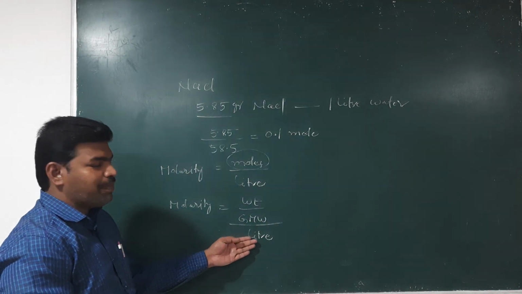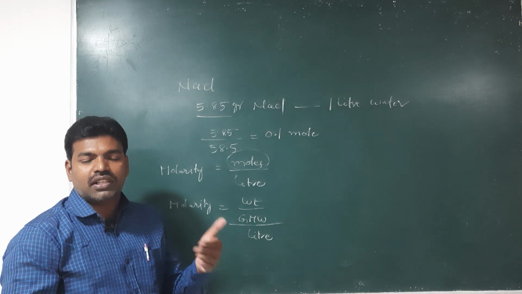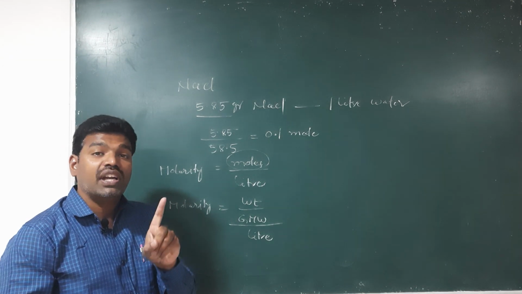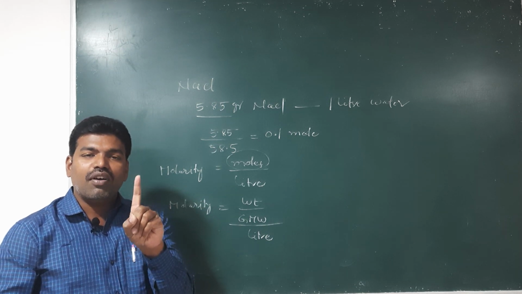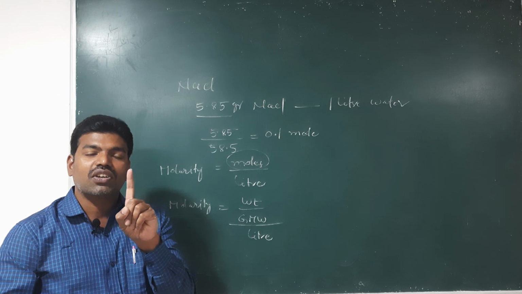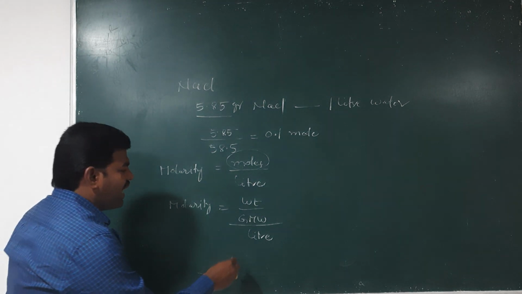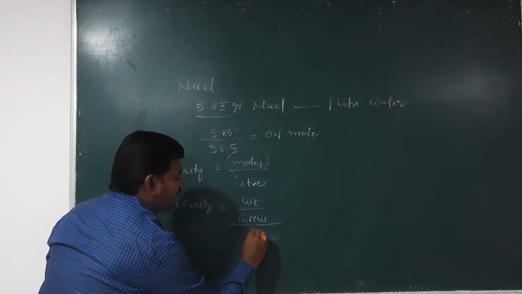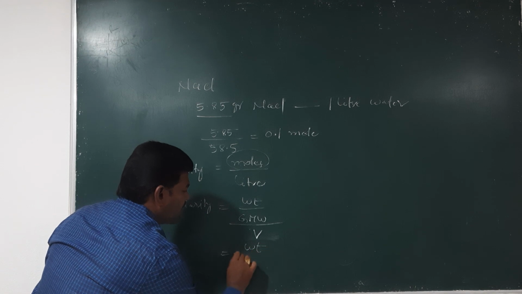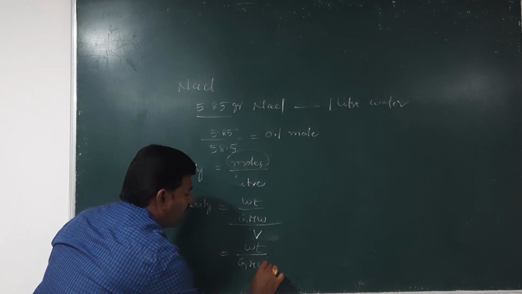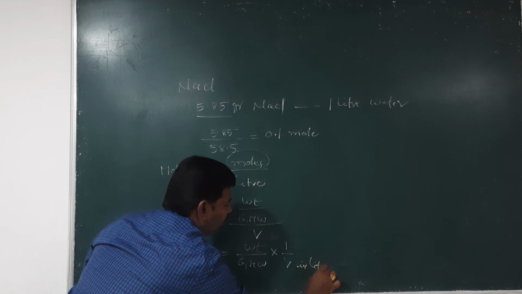Usually this liter is represented with V, that is 1 liter or 2 liters or 3 liters. As per definition, the number of moles of solute present in 1 liter of solution is called molarity. So instead of liter we can write V. This fraction becomes weight by gram molecular weight into 1 by V in liters.